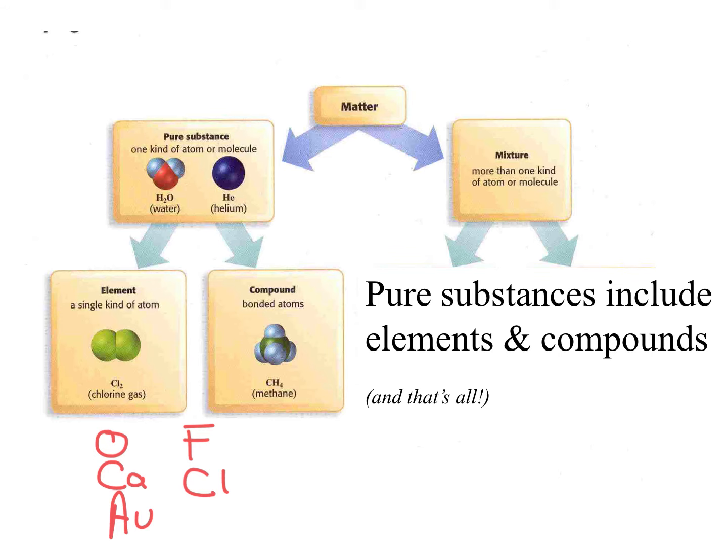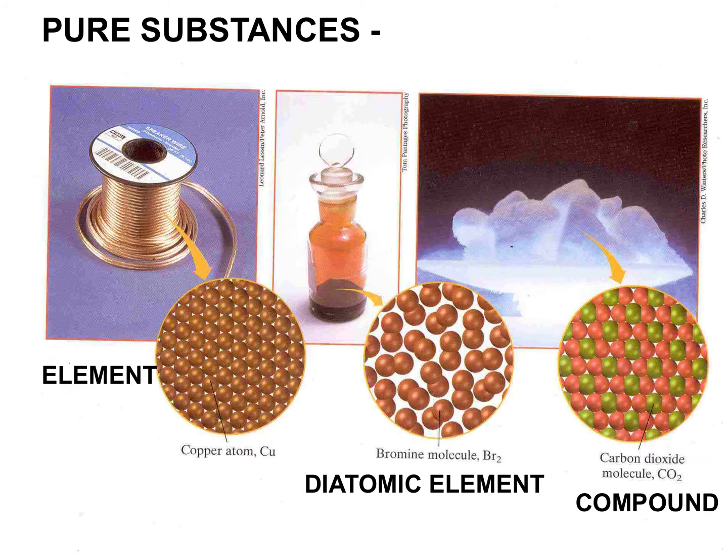If it has two capital letters in its symbolic representation, like water, H2O, you've seen the water symbol before, then it has two elements bonded together. So pure substances are one of two things: either an element or a compound. Another common compound, and we'll see a lot of examples, is table salt. Two capital letters. So let's talk more about elements and compounds.